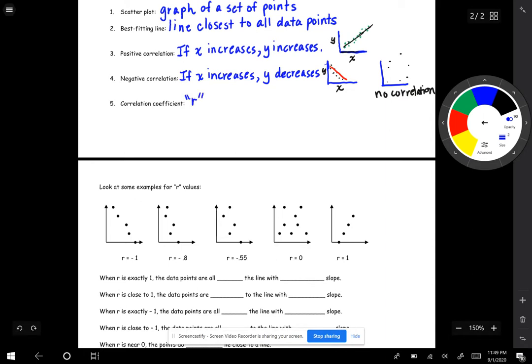So letter R. And R tells us how well a line fits the data. R is between -1 and +1.